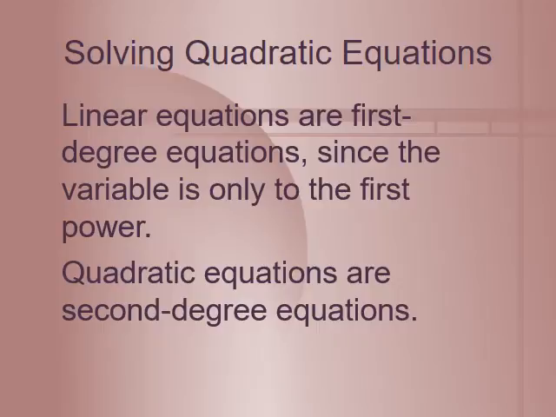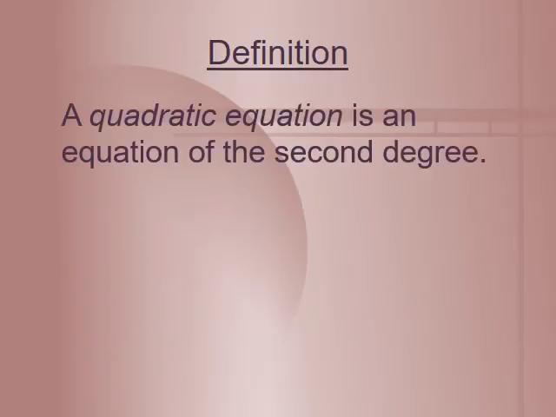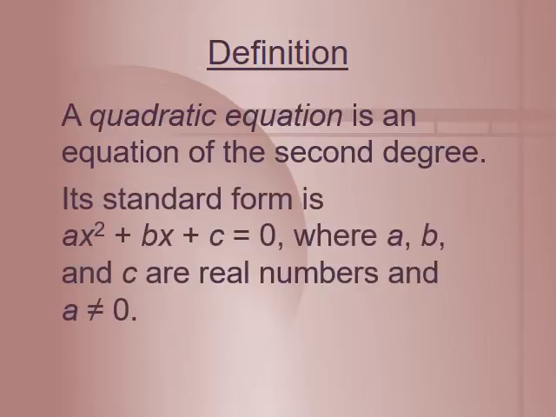Quadratic equations are second degree equations, meaning we have an x to the second power. Its standard form is ax squared plus bx plus c equals 0. A, b, and c are real numbers, and a does not equal 0.